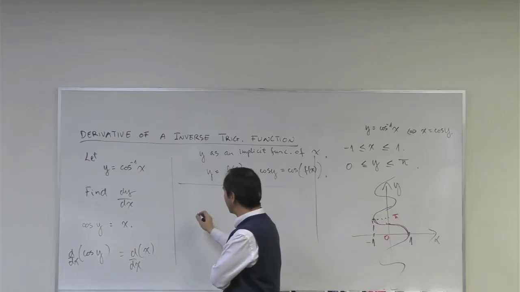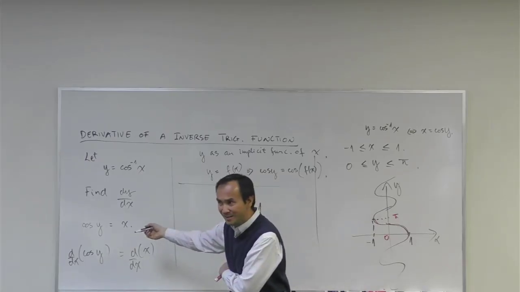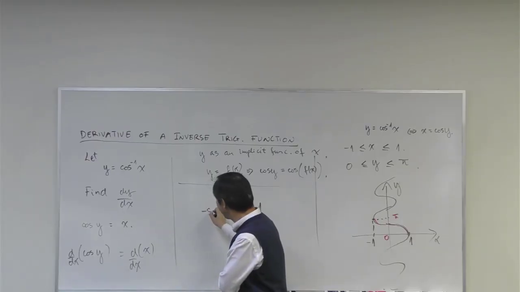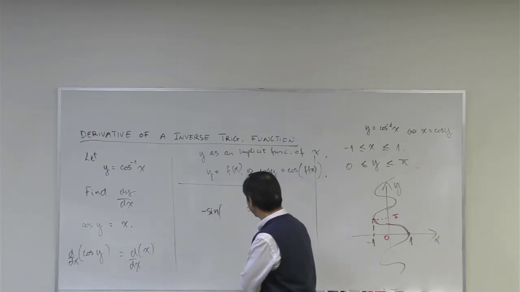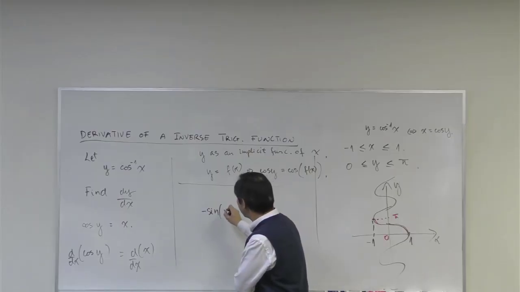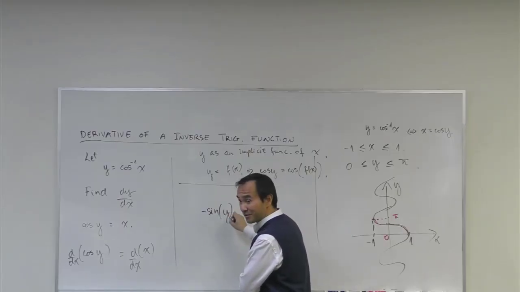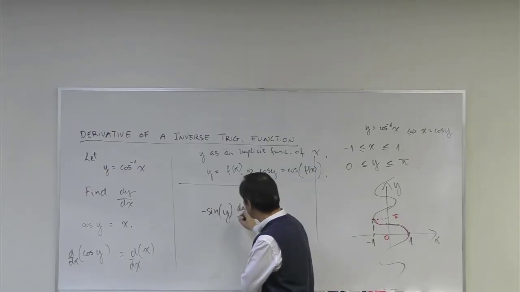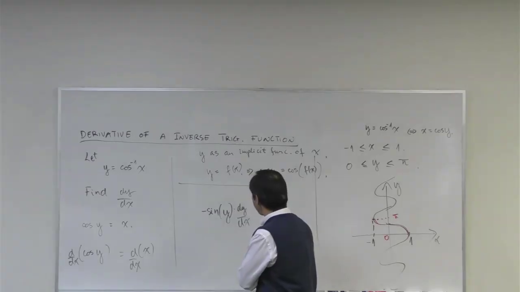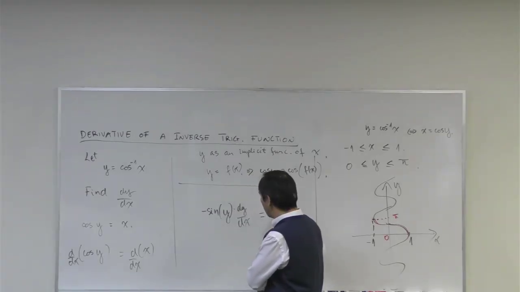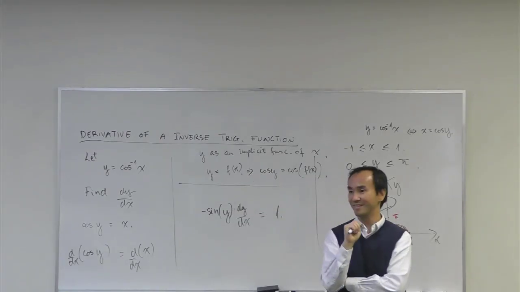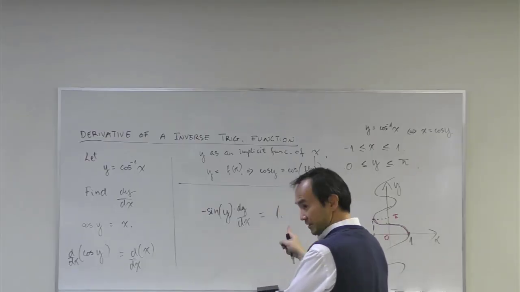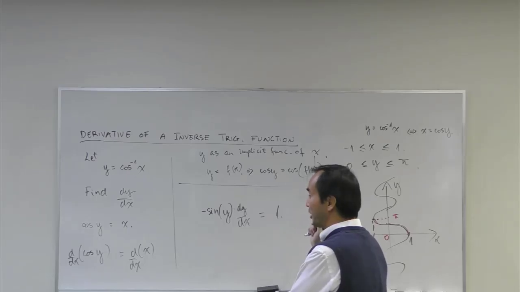Taking the derivative of cosine gives negative sine of the whole y function, and we multiply by the derivative of the inside, giving me just the unknown dy/dx. That product, according to the chain rule, equals 1. So we have successfully differentiated both sides with respect to x.